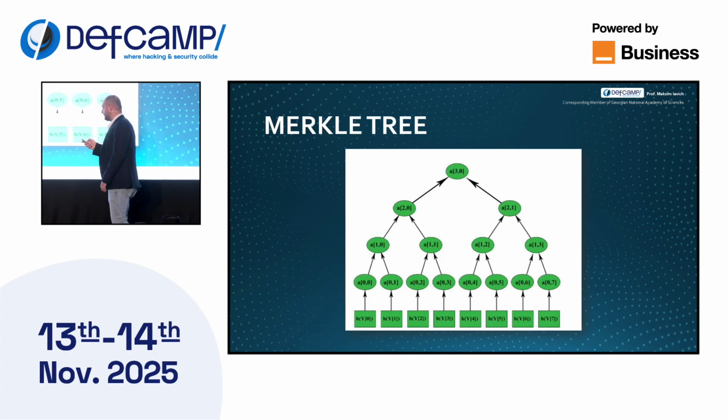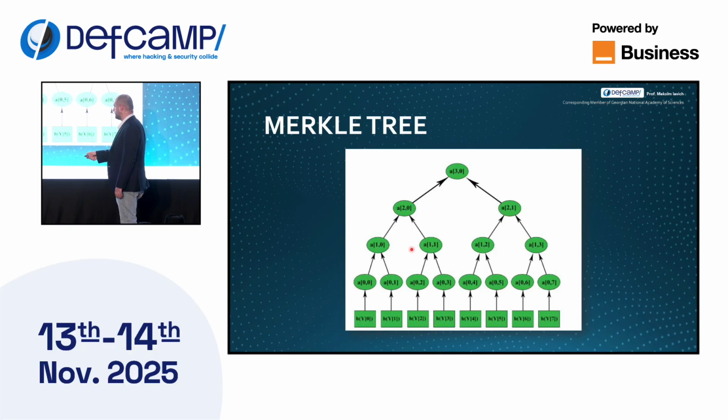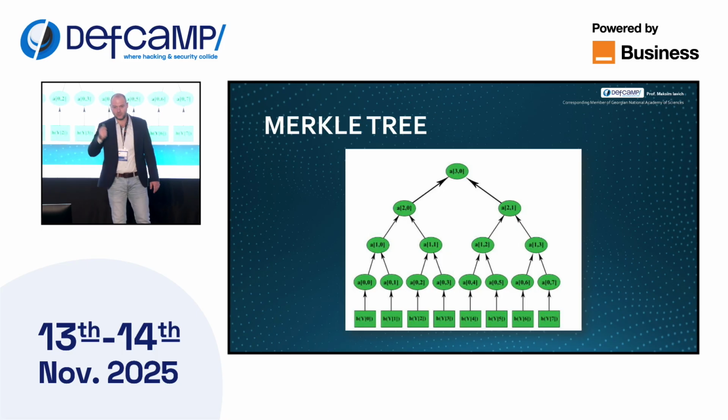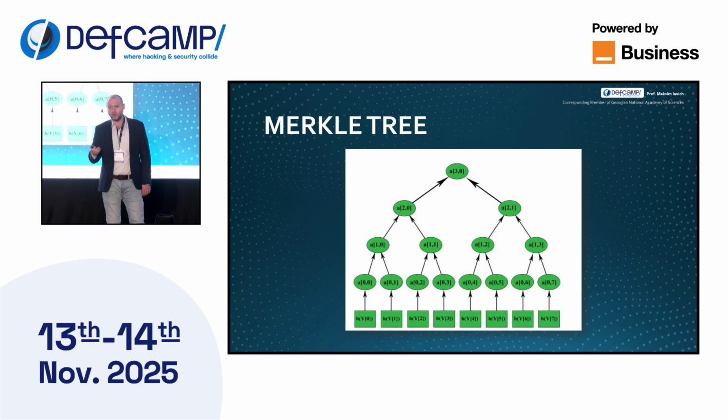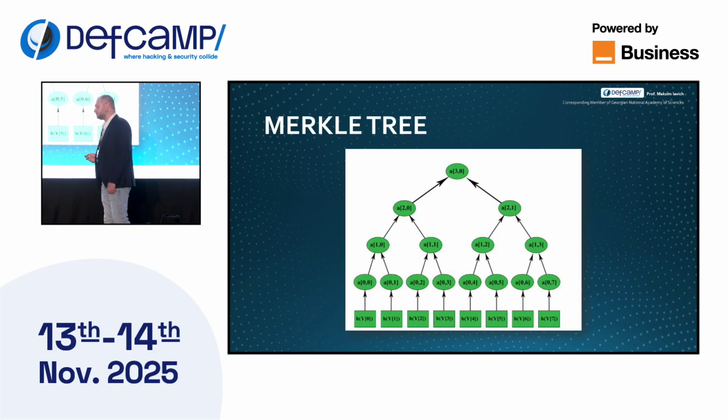Afterwards, for example, we have these first two nodes. We concatenate them and hash. We concatenate them and hash, get this one. These two we concatenate and hash, get this one. And like this we go up, and get the root of the tree, so-called public key.